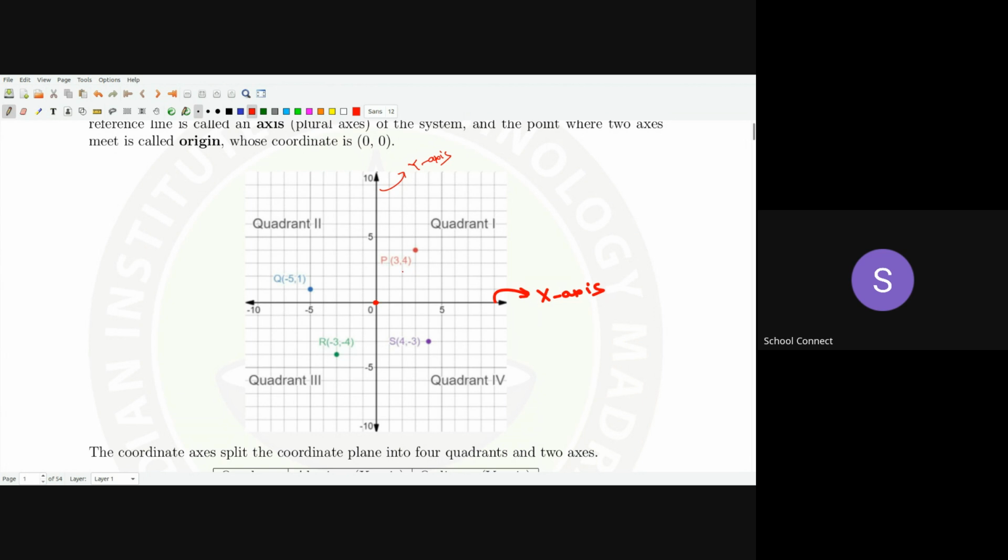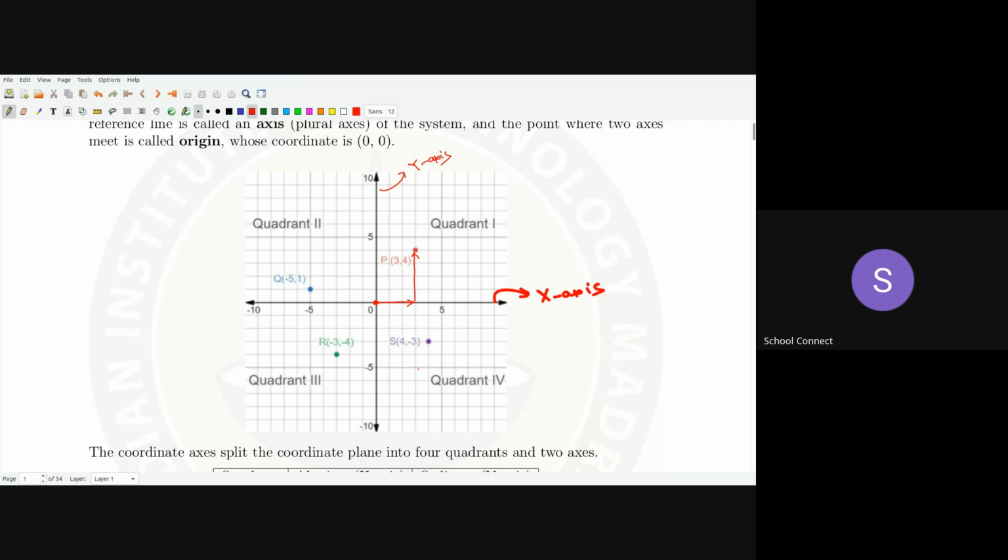This point is 3 units far from the origin along the x-axis and 4 units far from the origin along the y-axis. So you move 3 units on the x-axis and then 4 units on the y-axis, and you reach this point. Similarly, any other point you pick will be associated with two coordinates.